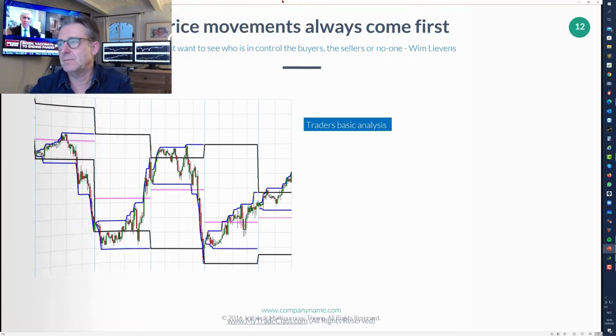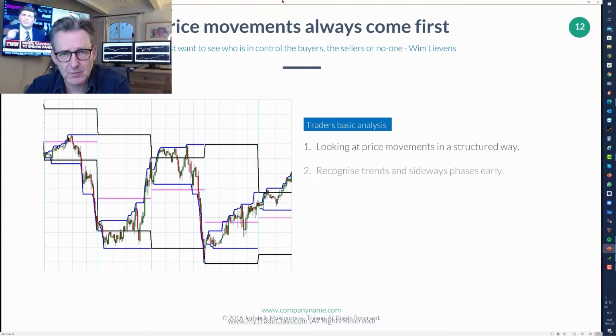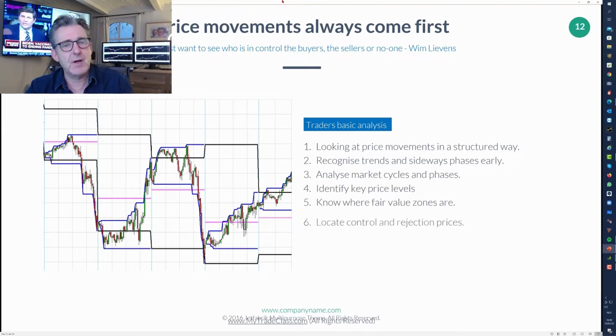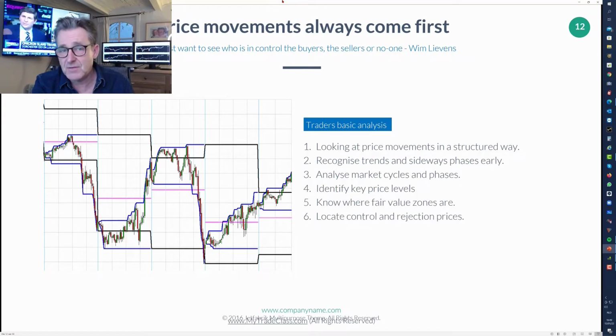Okay, that's all. Now, we try to look at this in a structured way and try to recognize trends, ranges, market cycles, key price levels, fair value areas, control, excess prices.